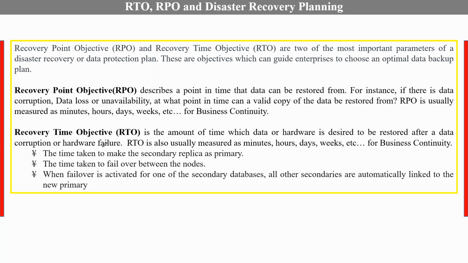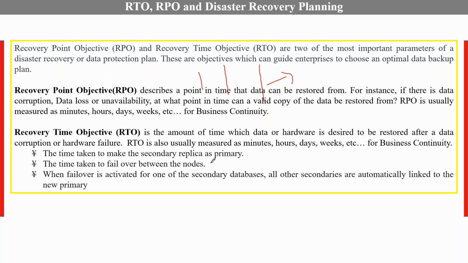Very simple, sir. If something happened to my database, hardware or server, how much time are you going to take to bring my application online? Not only that, it is also the time taken to make the secondary replica the primary.